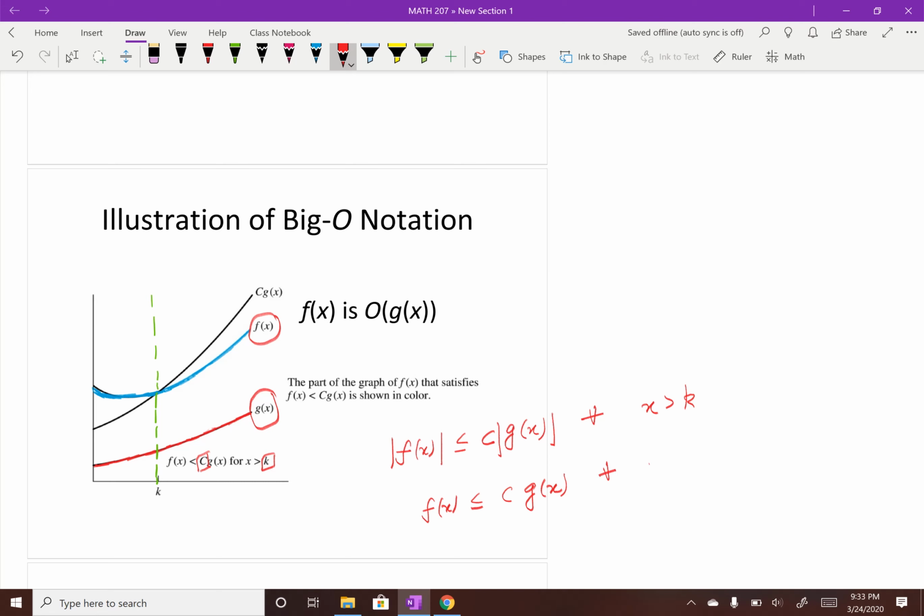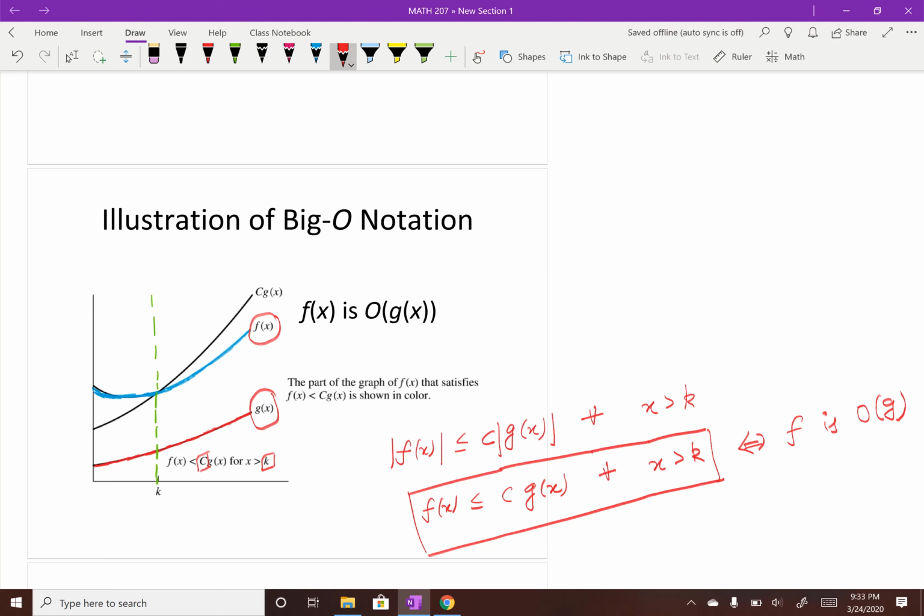For every x greater than k, that's going to be my definition of if and only if f is big O of g. So it has a meaning that if you compare these two curves, f of x and g of x, then you see that this g of x function lies below this f of x function.